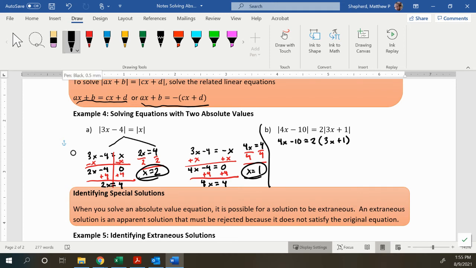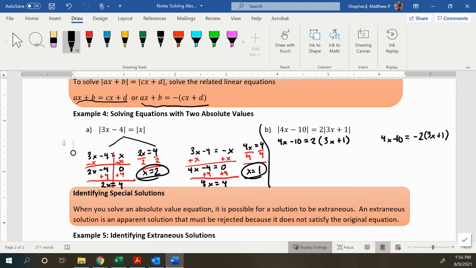We're now just signifying it with parentheses. All right, and then I would have over here where it's going to be the opposites, 4x minus 10 is equal to negative 2 times, and now where they are opposites.